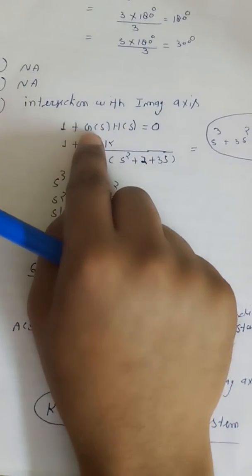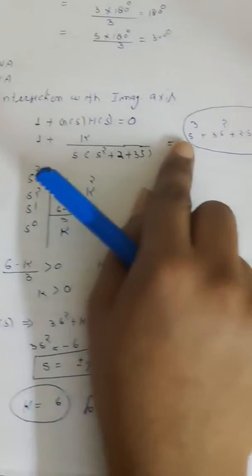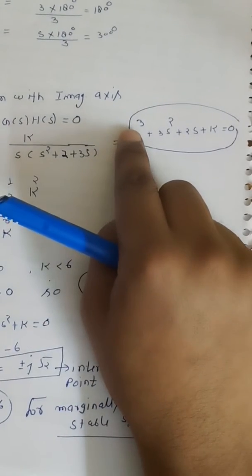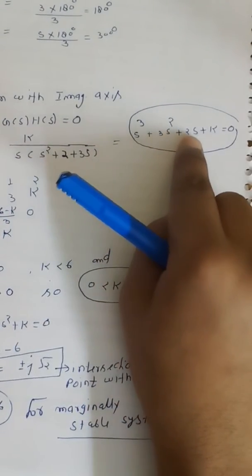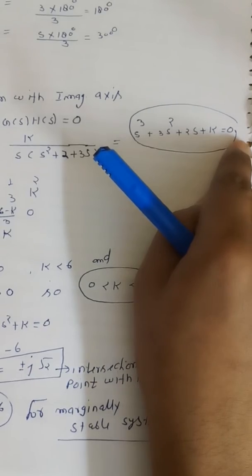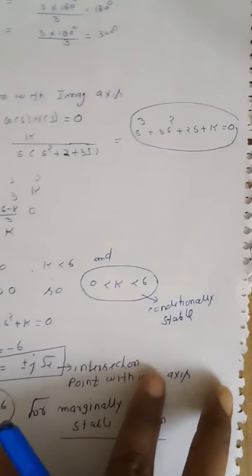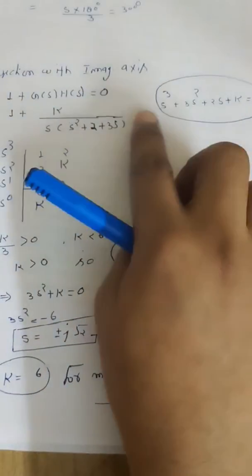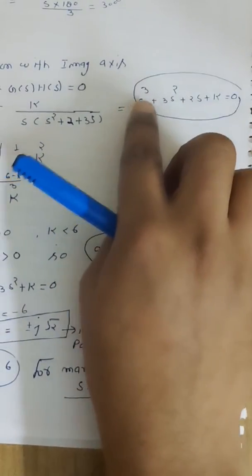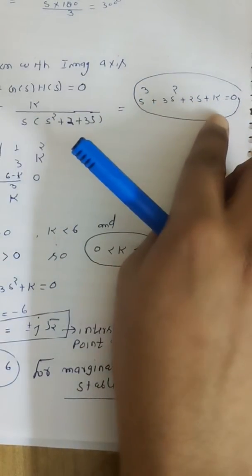Put the value of G(s)H(s). So we have the characteristic equation s to the power 3 plus 3s square plus 2s plus k equal to 0. Now define a Routh array table with the help of the coefficients of the characteristic equation.